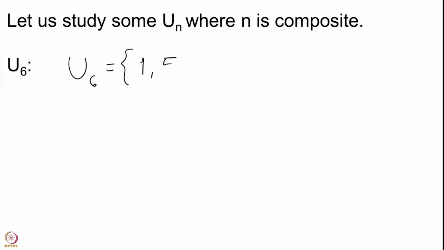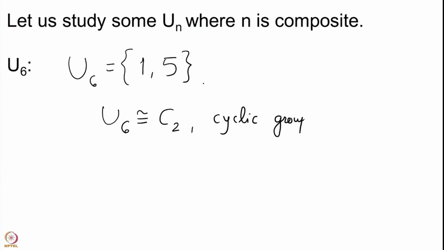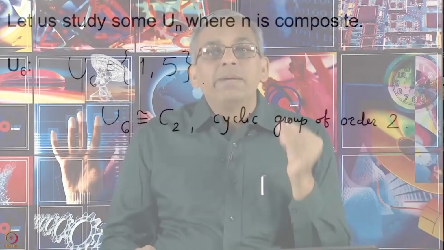So, you get only 2 elements here. U6 has exactly 2 elements, and we know that every group of order 2 is isomorphic to the cyclic group of order 2. So, U6 is isomorphic to C2. This is the complete information about the group U6.